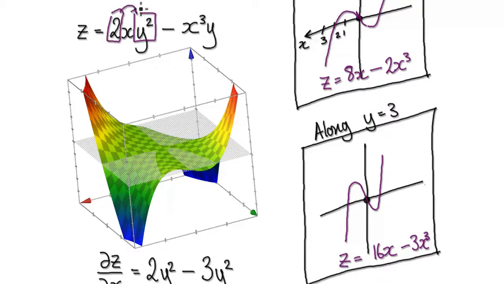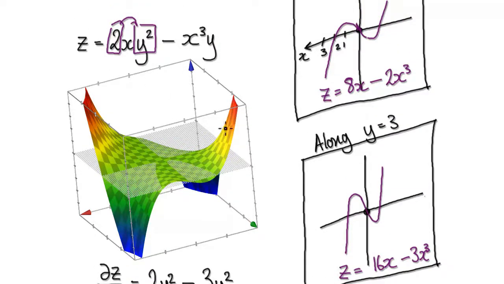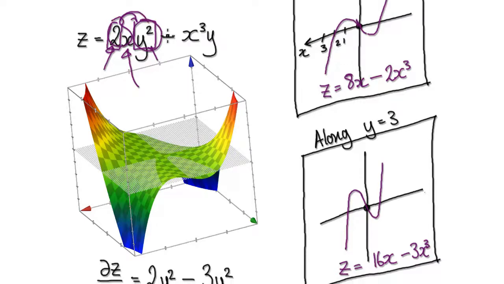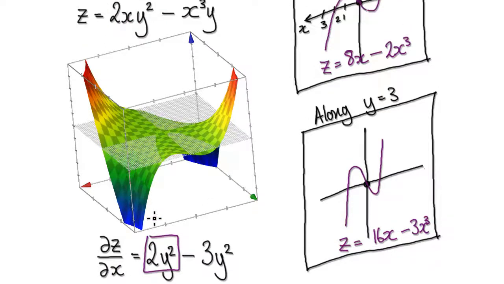So when you partially differentiate this with respect to x, x is the variable here. This is a constant. This is a constant. So when you differentiate it with respect to x, it's just going to give you 2y squared, because y is a constant.